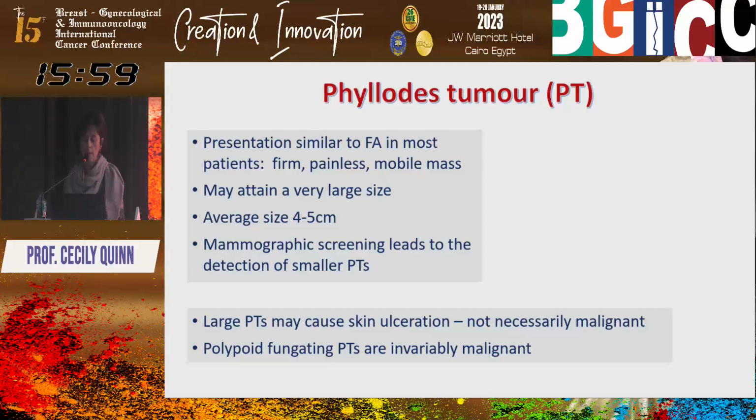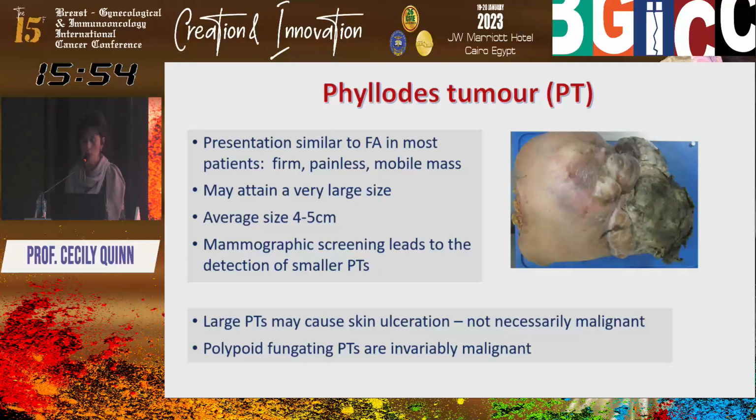However, if you see a polypoid fungating phyllodes tumor like this one, which, believe it or not, presented to our unit during the COVID era, these are invariably malignant. This was unfortunately in a professional woman who had chosen not to have intervention until then.